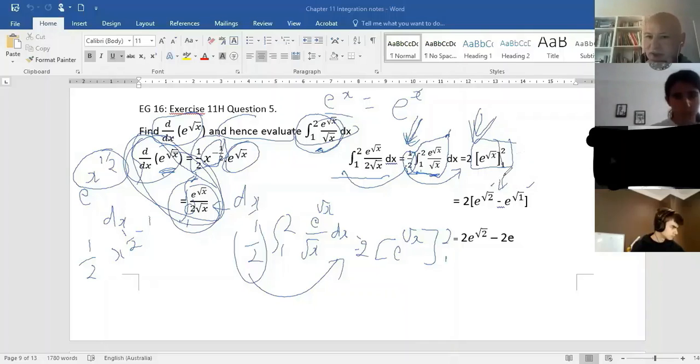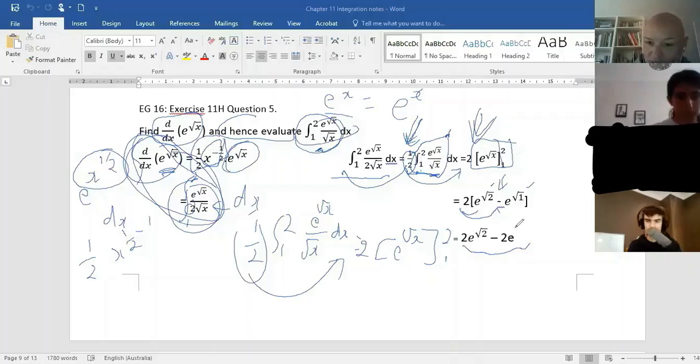And we simplify. So I've brought the 2 back in, 2 times that and 2 times that. That's how I get 2e to the square root of 2 minus 2e, because the square root of 1 is just 1, and e to the power of 1 we don't need to write. You can put e to the power of 1 there, it won't matter, you can leave it without, because e and e to the power of 1 are exactly the same thing. Any questions?